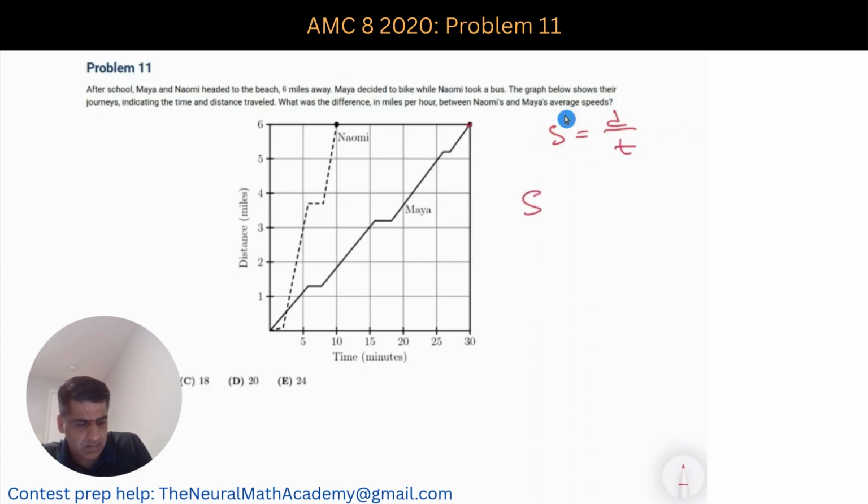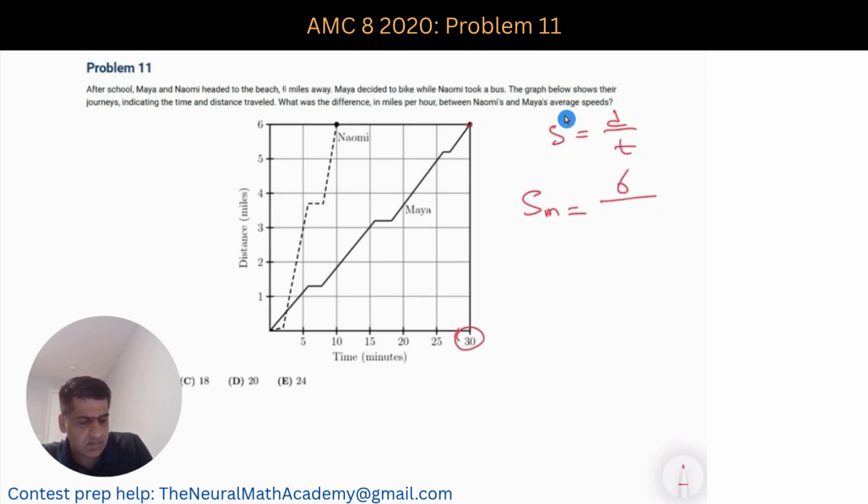So I will just label it as SM for the speed of Maya. D is the distance, and that is in miles, so it is 6 miles, divided by the time, and the time that we have is 30 minutes.